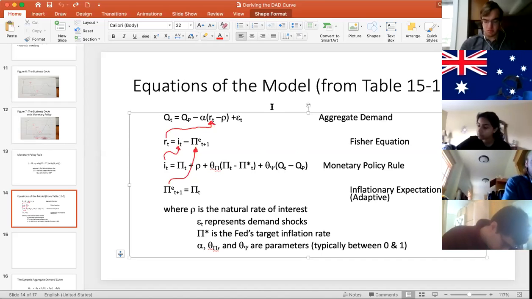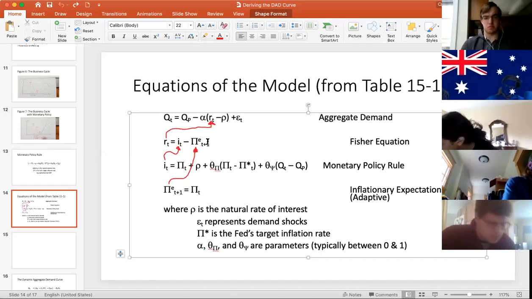Then what we do is we substitute the monetary policy rule in for the nominal interest rate. Then finally, we substitute in our inflationary expectations term. So we replace this term, which is unobservable because it's expectations, with this term, which is observable.